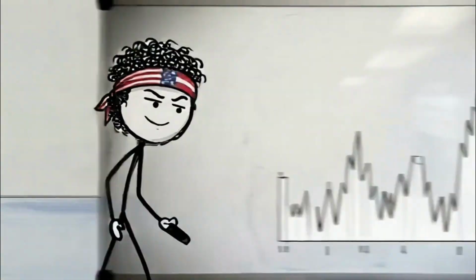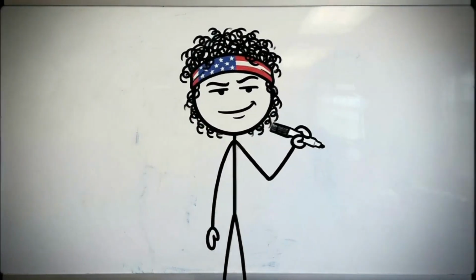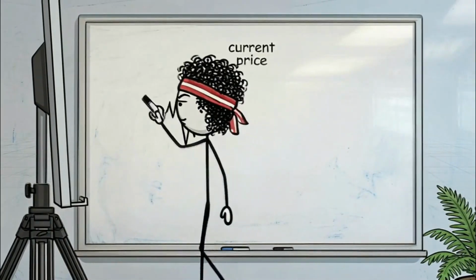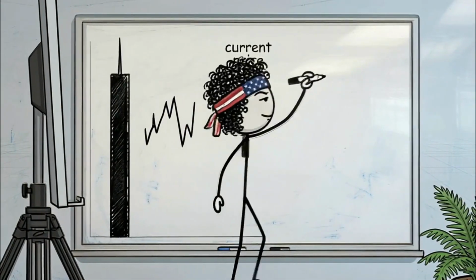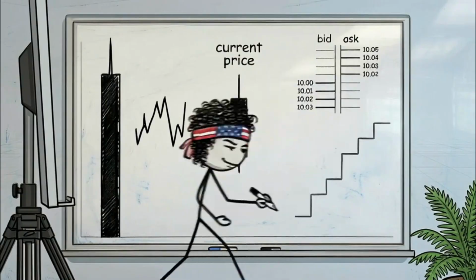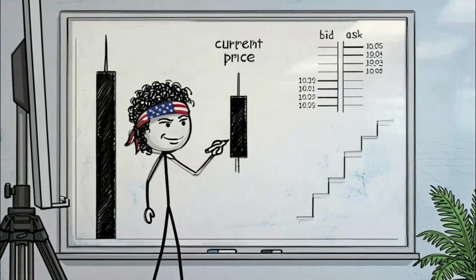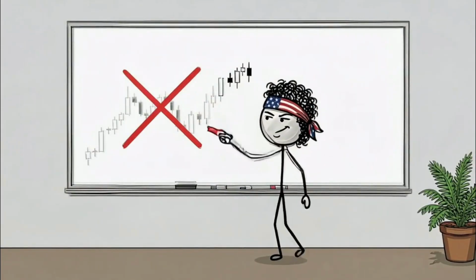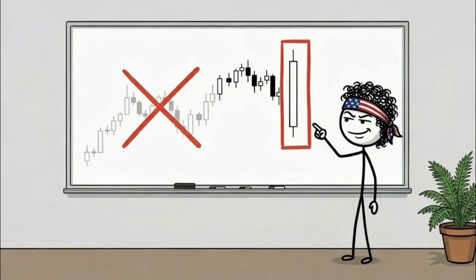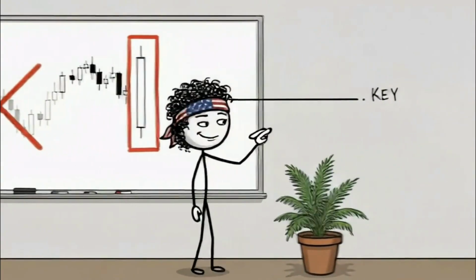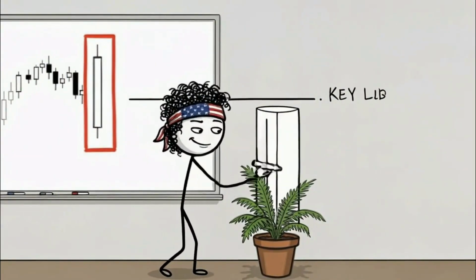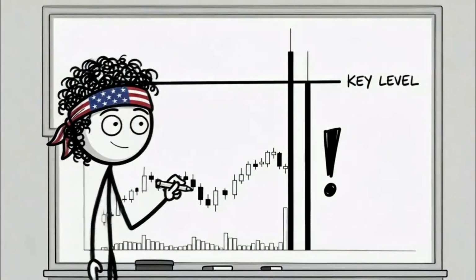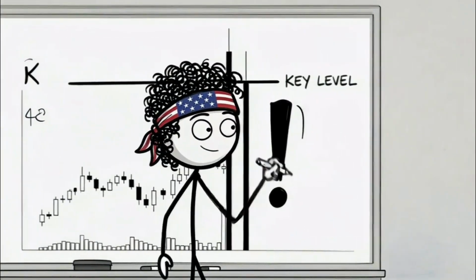So if every indicator is late and combining them doesn't fix it, what actually shows you the present? Volume, order flow, market structure, information that exists in real time, on the current candle, at the current price, not calculated from bars that already closed. Volume doesn't require a look-back period. When a massive volume spike appears at a key level, it's telling you something is happening now, not 14 bars ago.